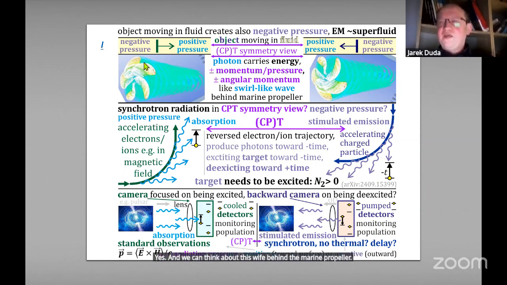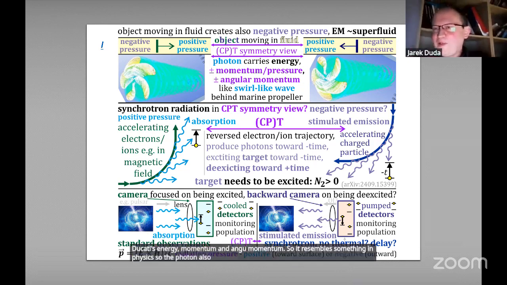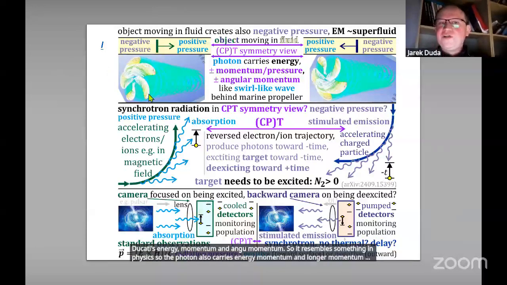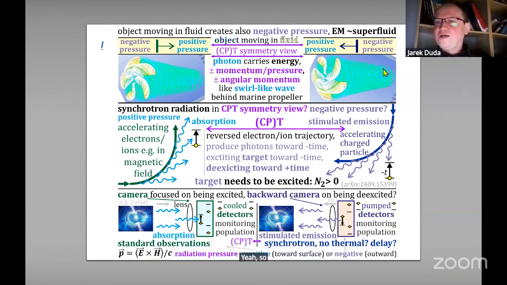It carries energy, momentum, and angular momentum. So it resembles something in physics: the photon also carries energy, momentum, and angular momentum. And if we reverse the direction of this marine propeller, then it would cause the opposite momentum and angular momentum. So it would not push but pull. So this is positive pressure and this is negative pressure.